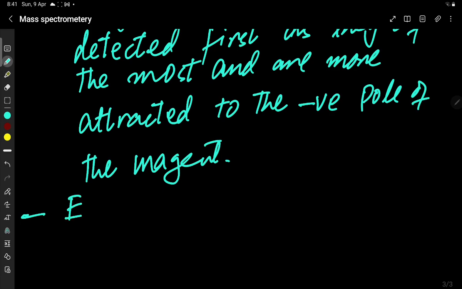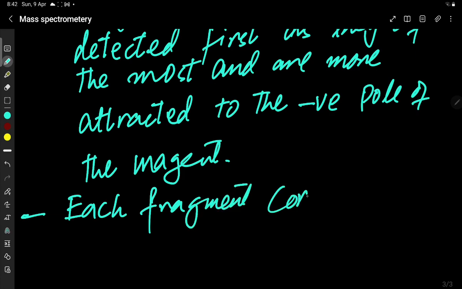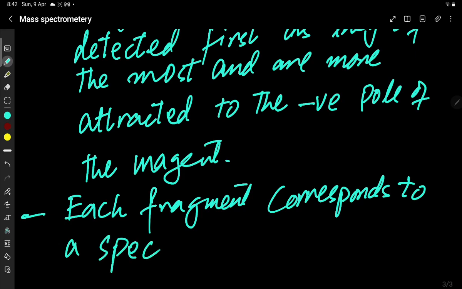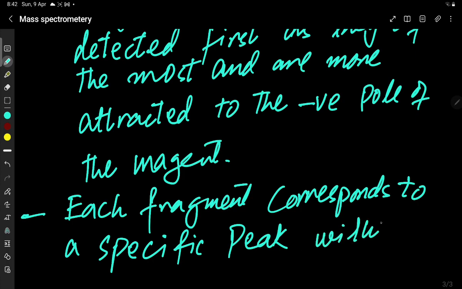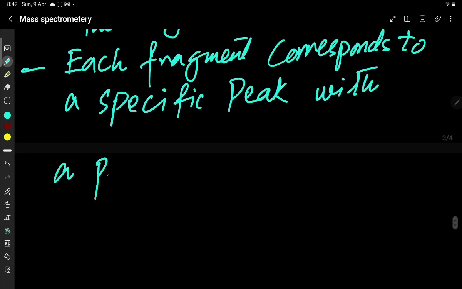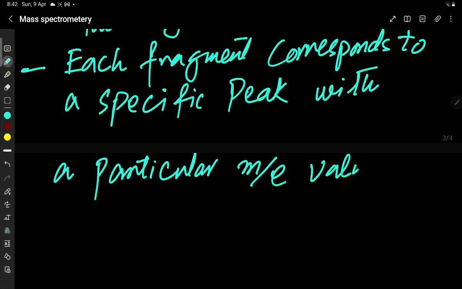So each fragment corresponds to a specific peak with a particular mass over charge value in the mass spectrum.